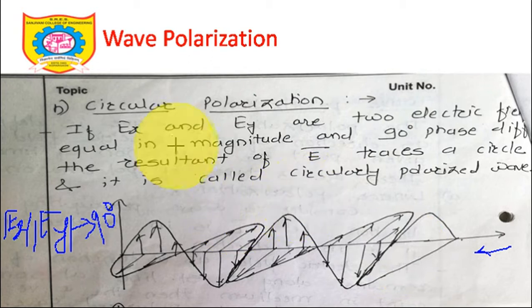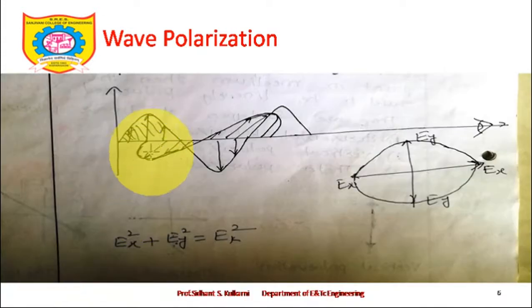Or, two electric fields equal in magnitude and with a 90-degree phase difference, the resultant E traces a circle, and it is called a circularly polarized wave. If this is the Ex component and downward is the Ey component, then we will get circular polarization provided Ex is equal to Ey.